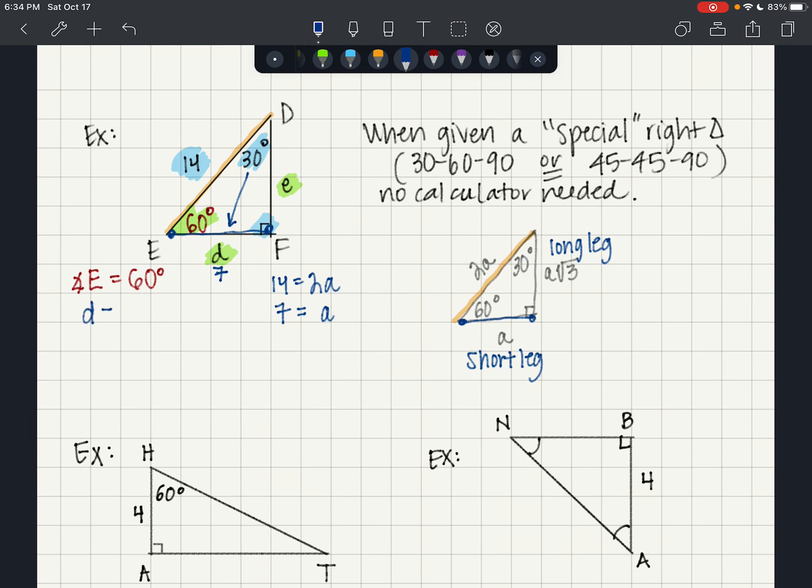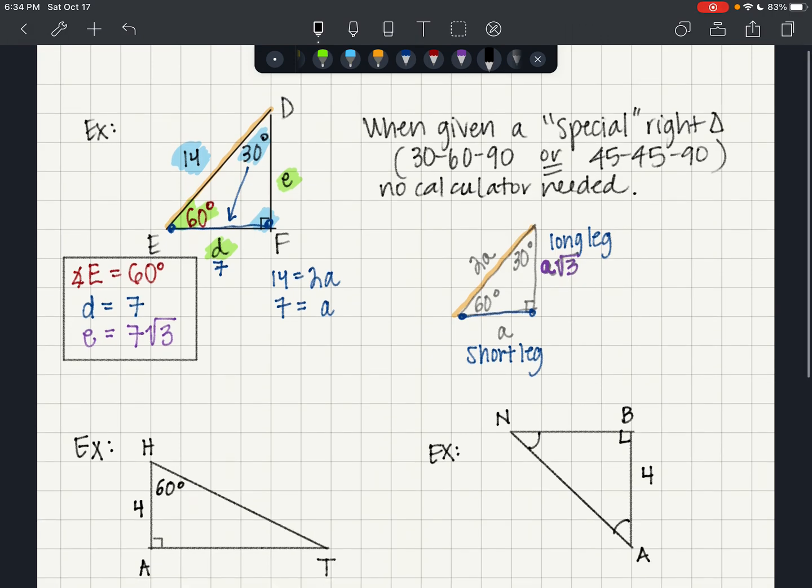So side length D is going to be 7. And then the long leg is going to be the short leg times the square root of 3. So side E is going to equal the short leg of 7 times the square root of 3. And those are our 3 parts that we needed to find to solve the triangle.